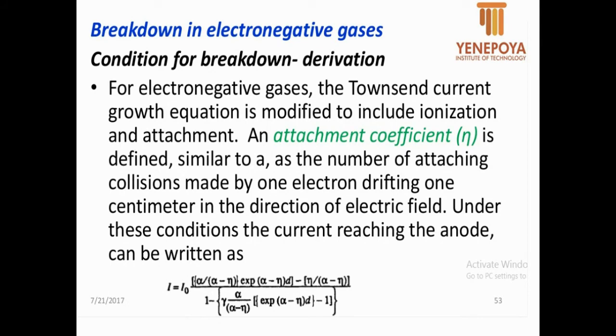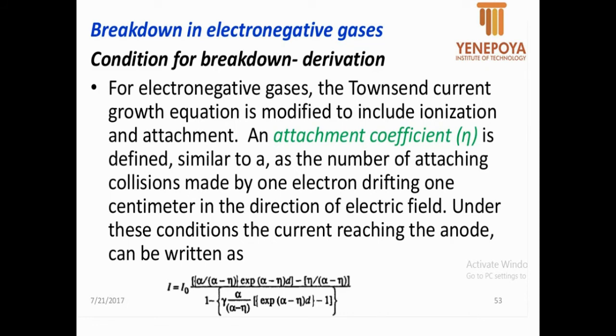Conditions for the breakdown derivation. For electronegative gases, the Townsend current growth equation is modified to include ionization and attachment. The attachment coefficient eta is defined similar to alpha, as the number of attaching collisions made by one electron drifting 1 centimeter in the direction of the electric field.